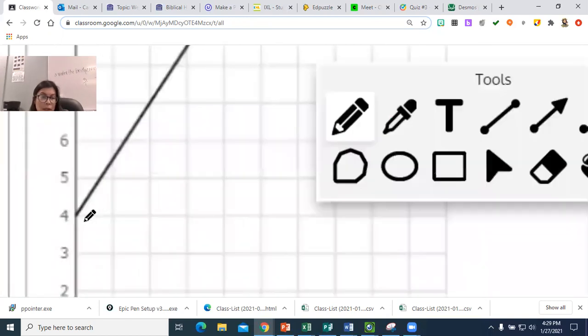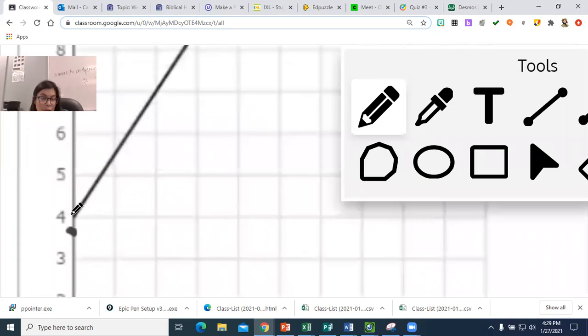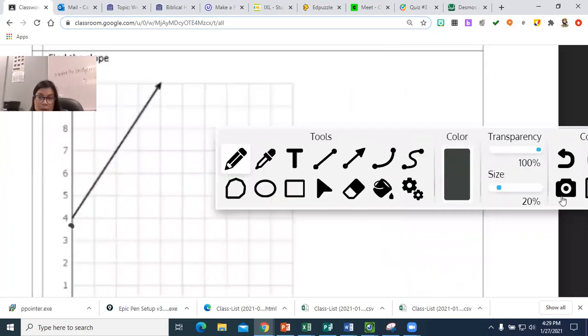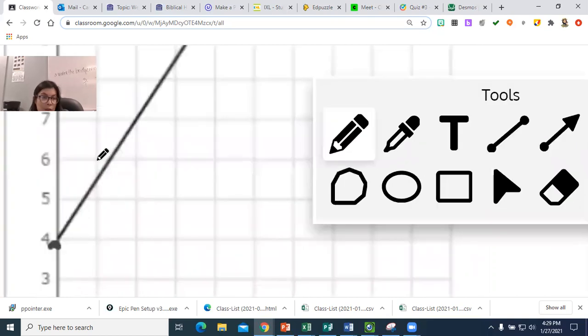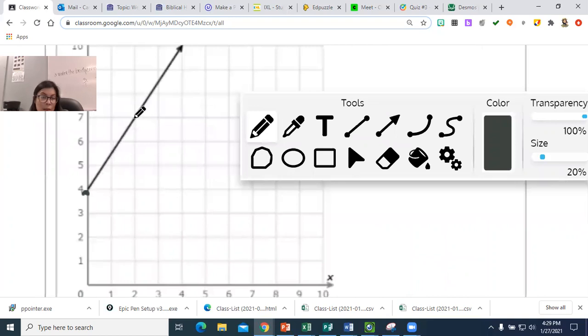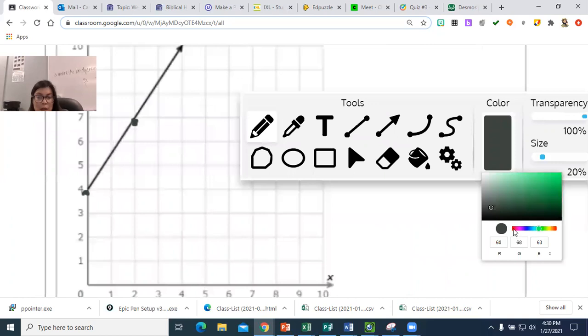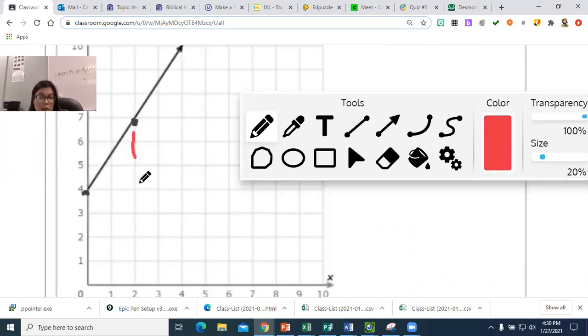If I zoom in, this one counts as a point. That one does not, because look, here's the cross. This one does. So I'm going to zoom out so I can put the point there. What I want you to do is count how many it rises.